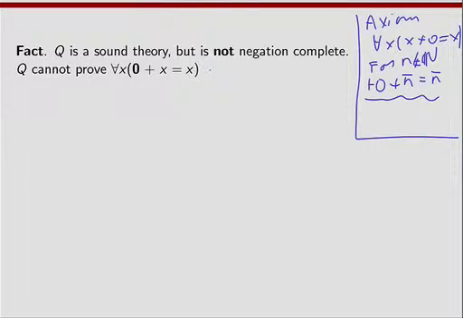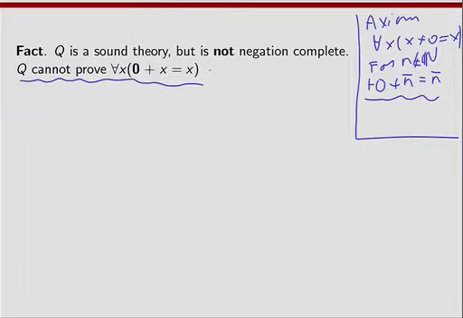We can't prove the general arithmetic law that says for every natural number, 0 plus that natural number must be equal to the natural number. So for the rest of this lecture, I want to explain how we know that Q can't actually prove this formula right here.